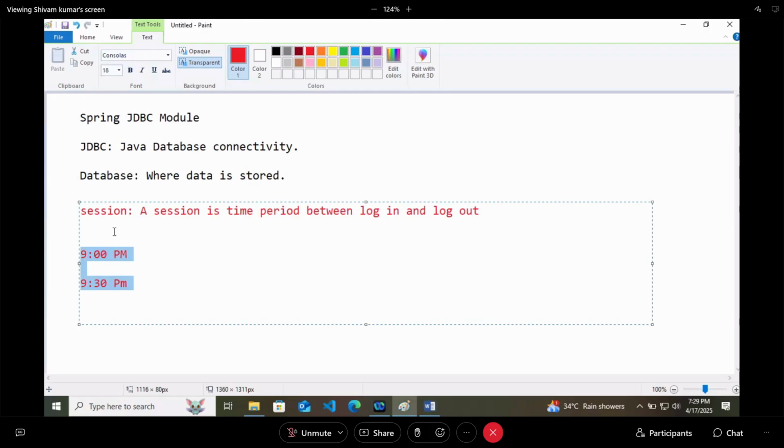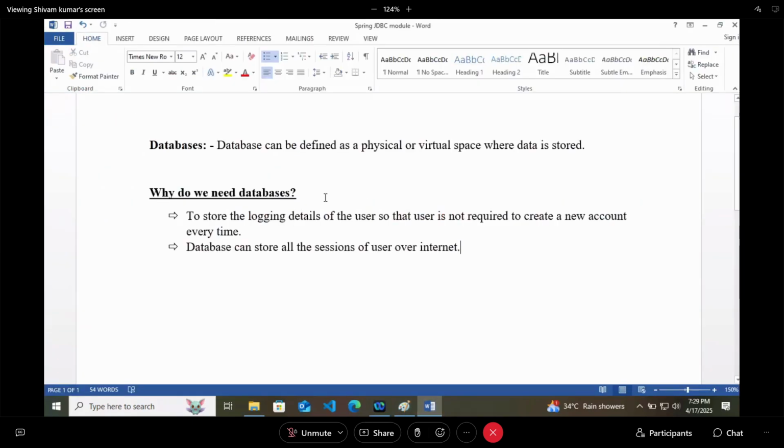Now you can do anything in this session. You can like any post or reel. It is stored somewhere. You might not see it, but if you go deep into the settings, you can see which post you liked last time and where you commented. Everything is stored. So that's why a database is necessary.